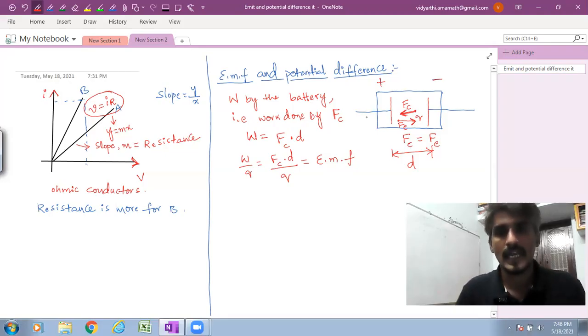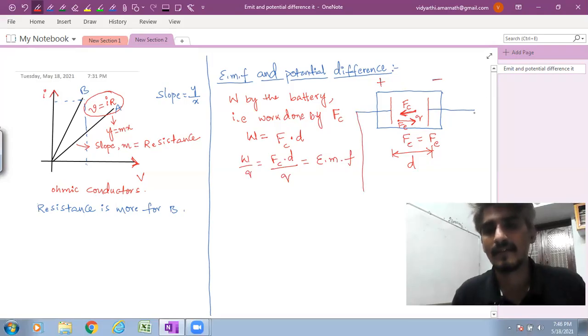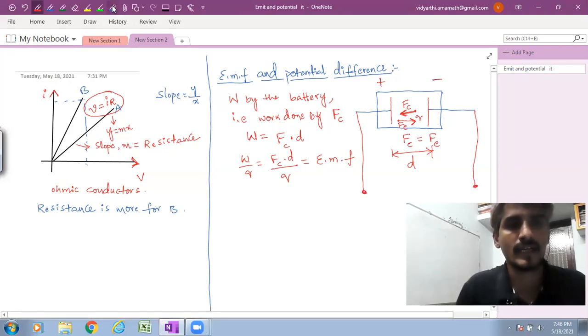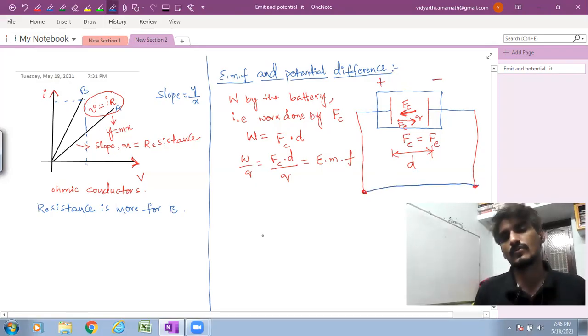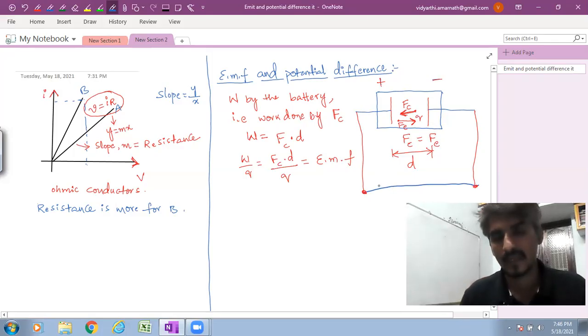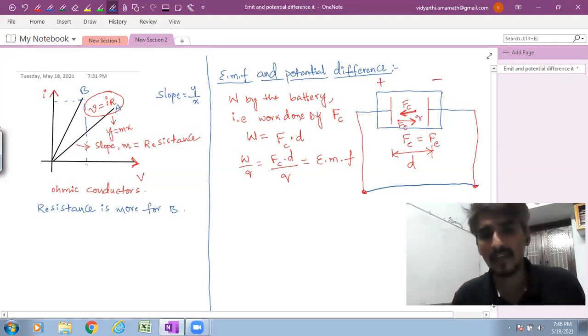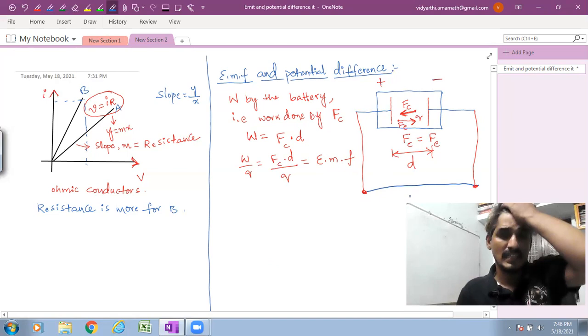Do you understand? Now, if we connect the two terminals of this battery to a wire, see, these are two terminals. Let us consider this terminal and this terminal. If we connect these two terminals to any wire like this, then you know what happens.